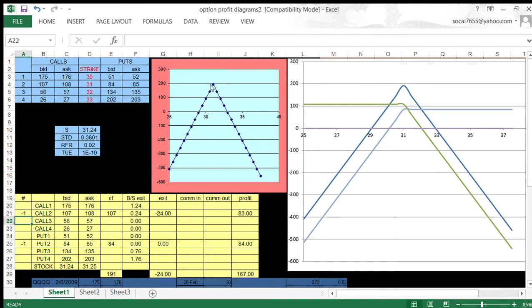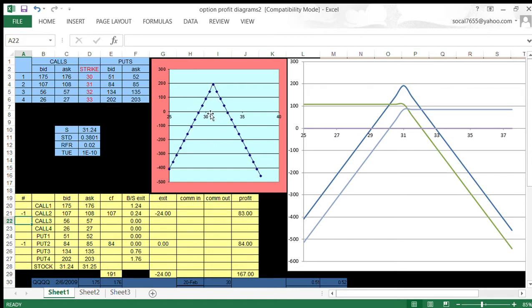But the neat thing about short straddles is the stock price can be below that strike price or above that strike price by, in this case, $1.91 a share, and you'd still either break even or make money. And that's a kind of a cool thing.